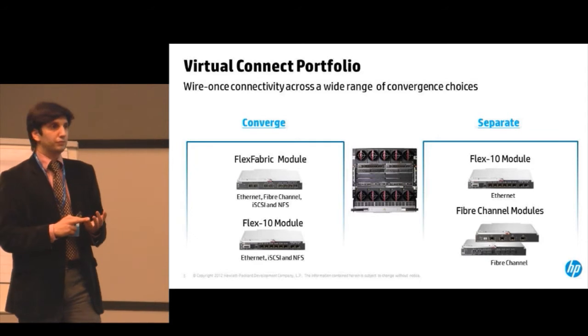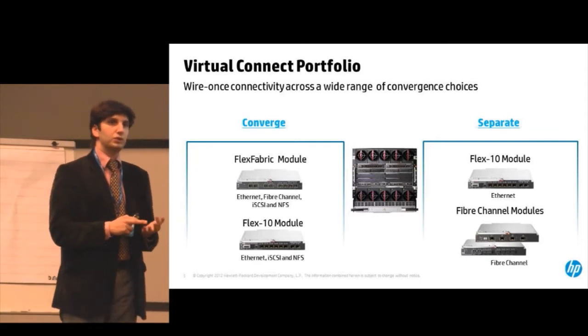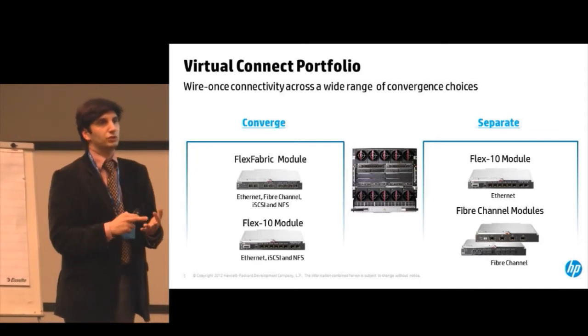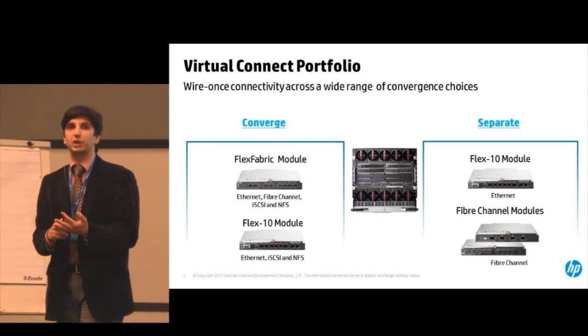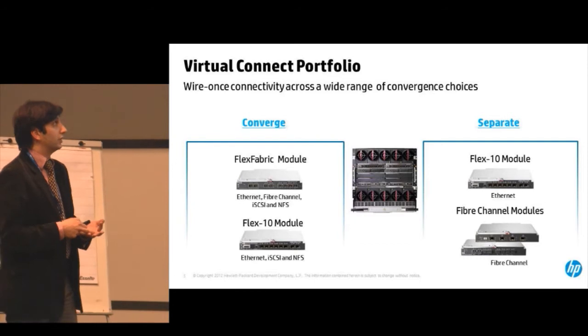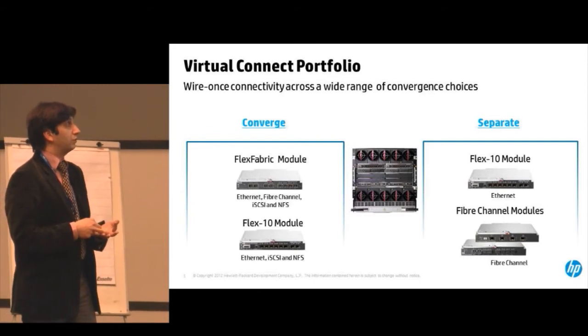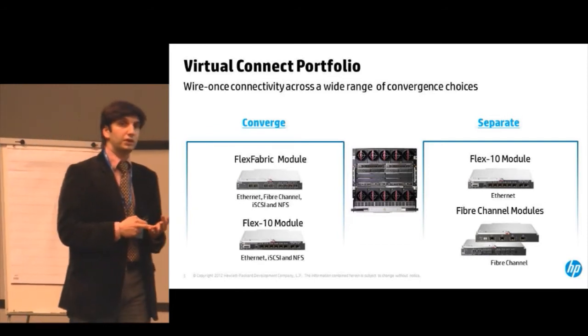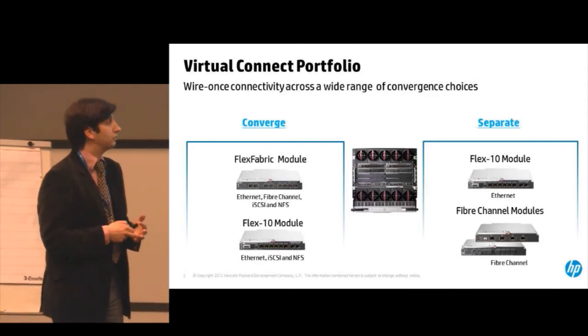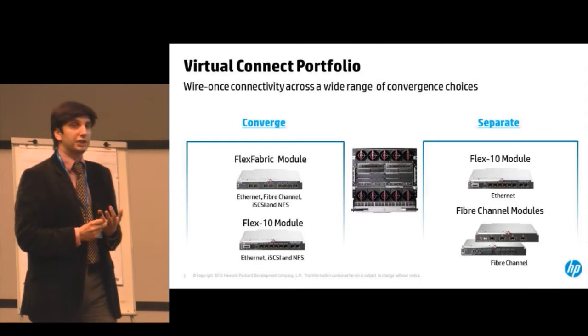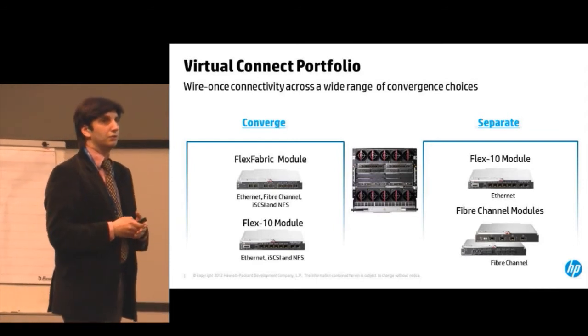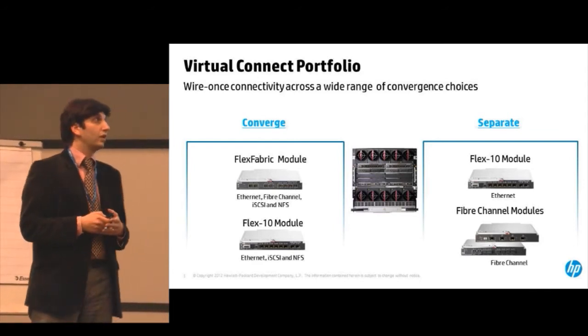So you consolidate all the LAN connections and all the SAN connections using the standard 10G converged network adapters integrated on the Blade servers. And if you do not require Fibre Channel, if, for example, you are using iSCSI or NFS for storage access, you can have a simpler version, which is Flex 10, which takes away the Fibre Channel component.